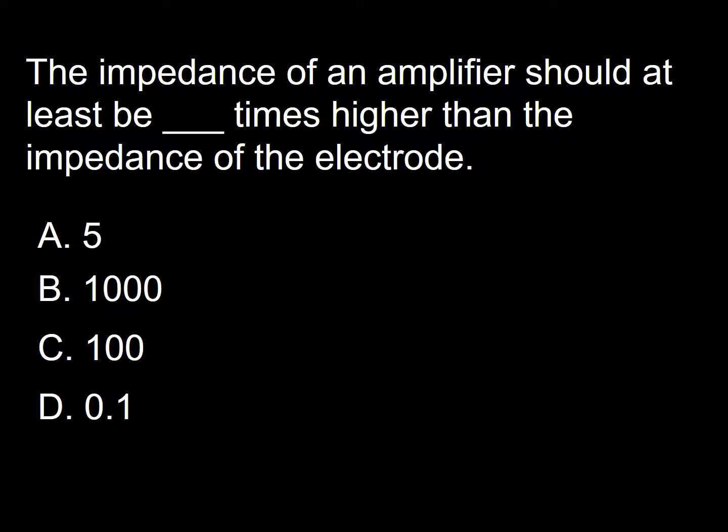Next question. The impedance of an amplifier should at least be dash times higher than the impedance of the electrode. A, 5. B, 1000. C, 100. D, 0.1.